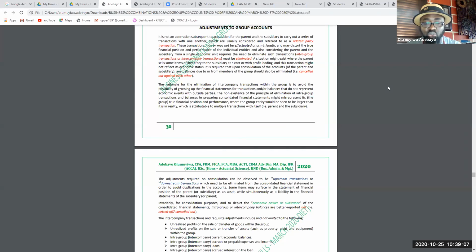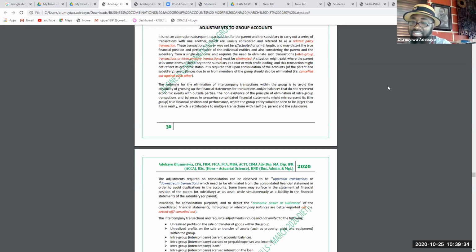But one thing you need to understand about it is that that profit is deemed not to be earned because any asset transfer within the group is expected from the economic substance not to create any value or reduce value, as the case may be. Which means that any profit element added to it based on the fact that you want to deal at arm's length will be considered unrealized and will be adjusted appropriately.